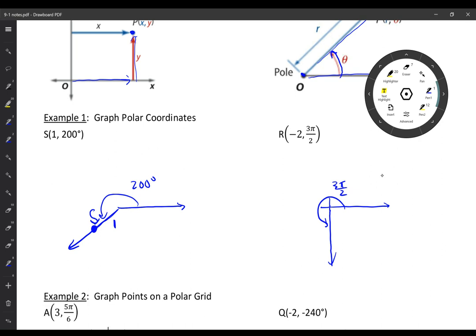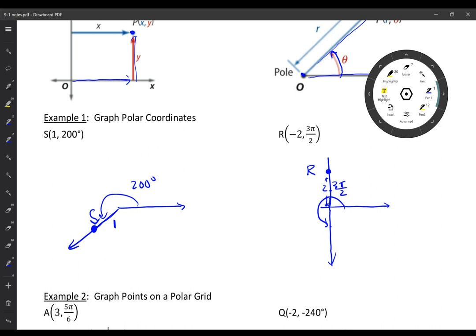So instead of going in the direction that I'm already in, I'm going to go backwards. And this will be 1, and this will be 2. And so this is -2, because instead of counting from the side I'm on, I went backwards instead. So that's going to be my R. And I'm just going to label the 2 there as well.